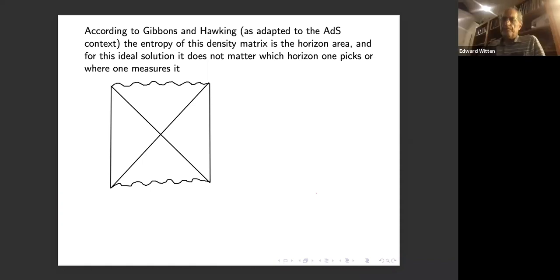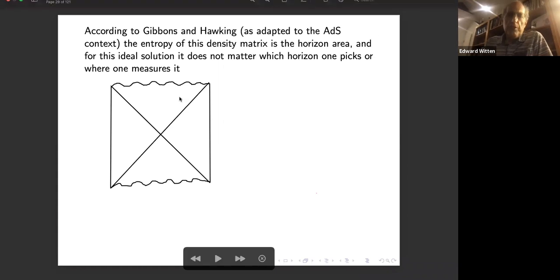Well, the Reeh-Schlieder theorem explains that in ordinary quantum field theory, there's a very high degree of entanglement between two regions. So I do think the Reeh-Schlieder theorem is important background to the subject we've had today, in the last three lectures.